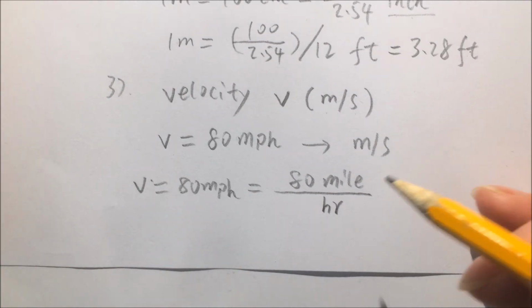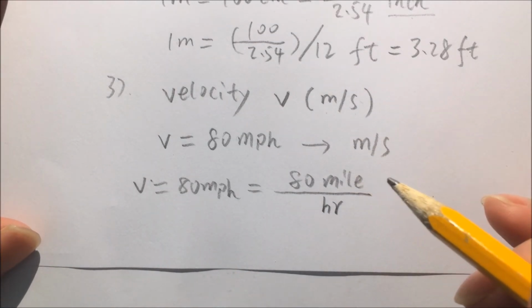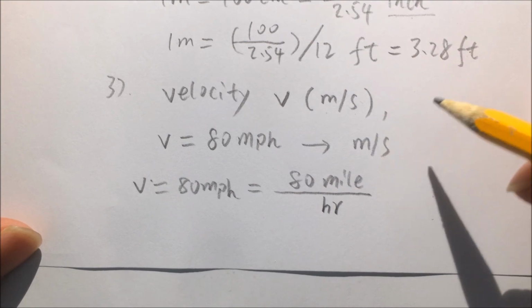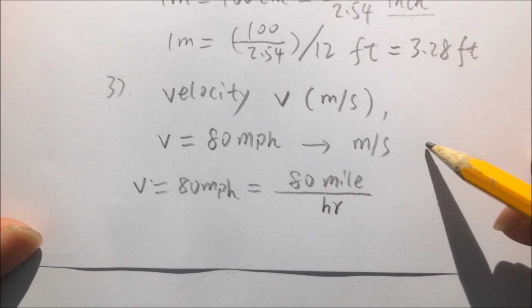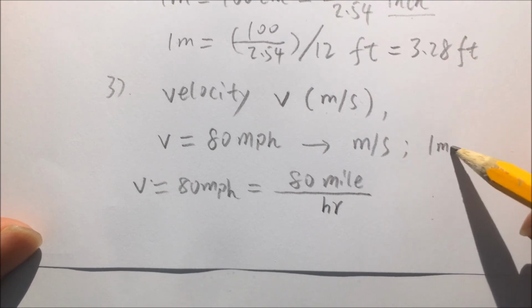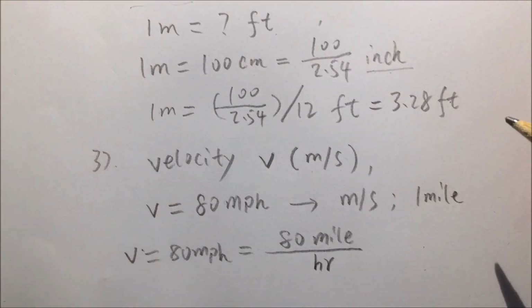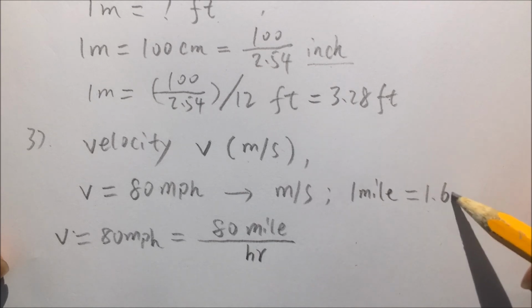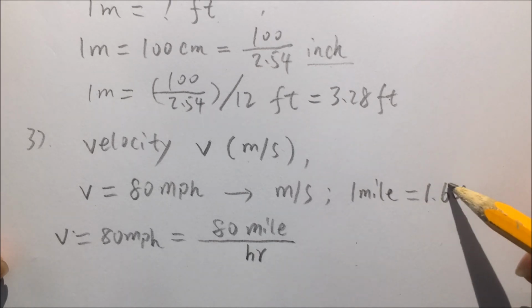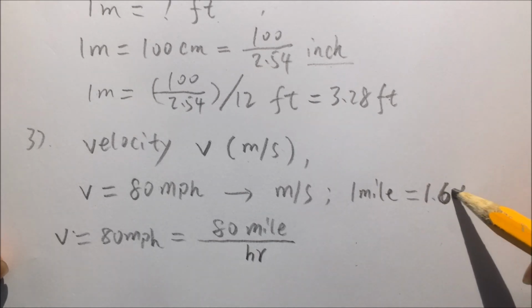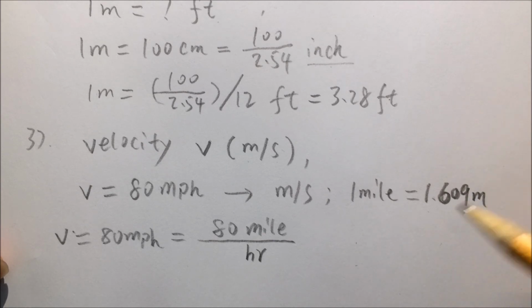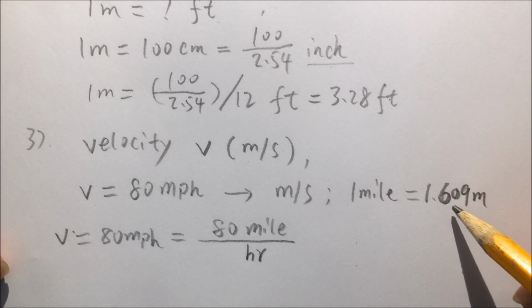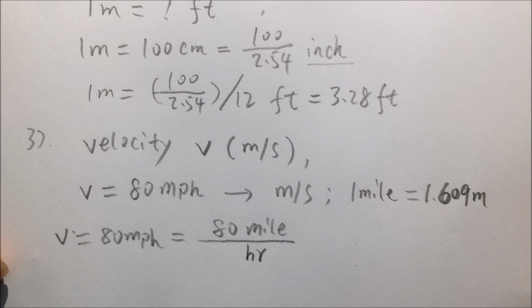The conversion factor between mile and meter is, you're going to write over here, 1 mile equal to 1,609 meter.